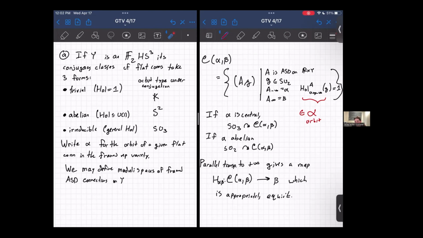If alpha is reducible, that holonomy is not going to be well defined as an element of SO3 as I go to minus infinity. Parallel gauge transformations on the ends will change that holonomy by a factor of U1 in the abelian case or a factor of SU2 in the trivial connection case. So that's what I was sort of trying to say when I say that this condition says less depending on how reducible alpha is.